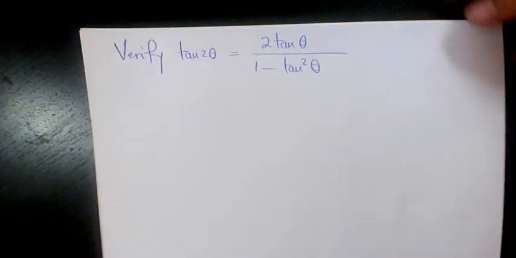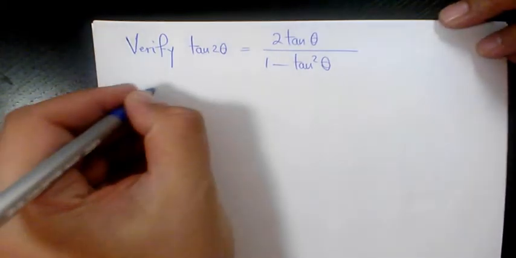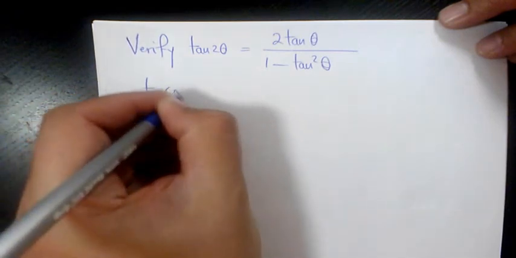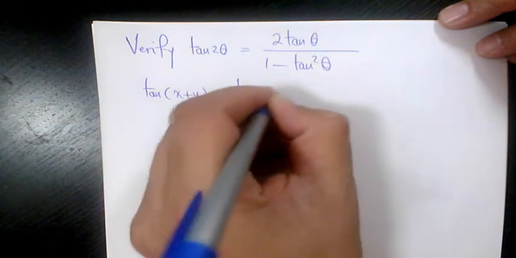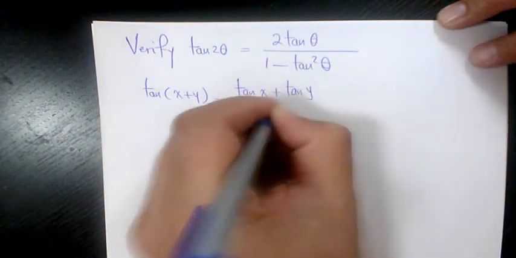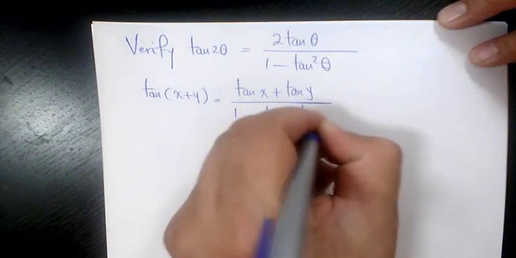In this example, I want to verify tan 2 theta equals 2 tan theta over 1 minus tan squared theta. We already had tan x plus y equals tan x plus tan y over 1 minus tan x tan y.